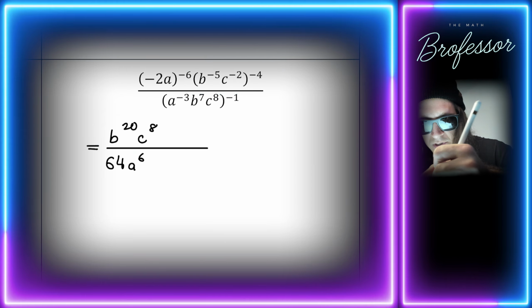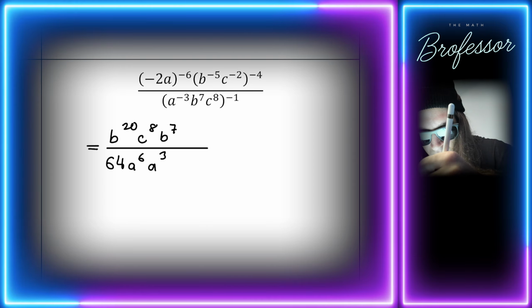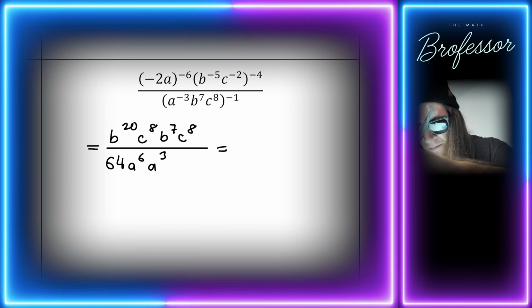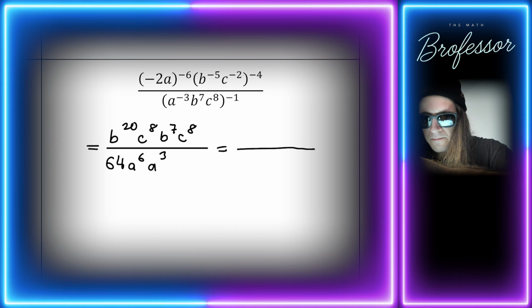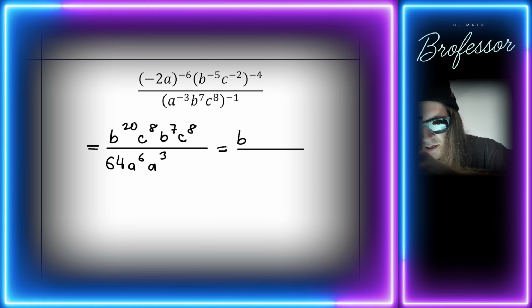Okay. Now I'm going to distribute the negative 1 at the bottom. Positive 3. B is going to go up. C is going to go up. Add your B's. Add your C's. Add your A's.